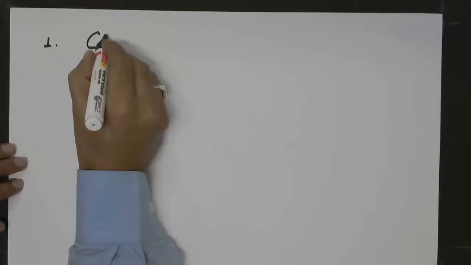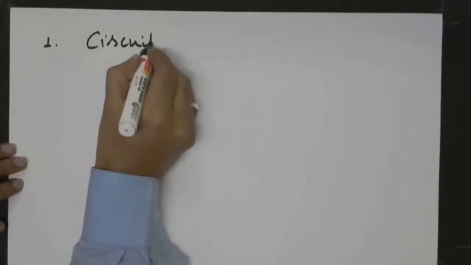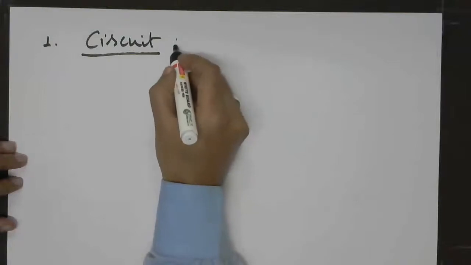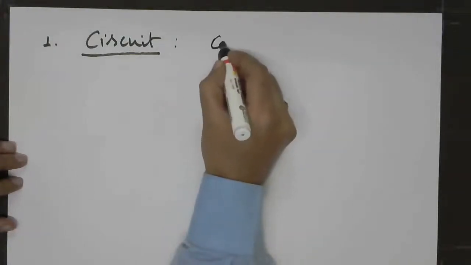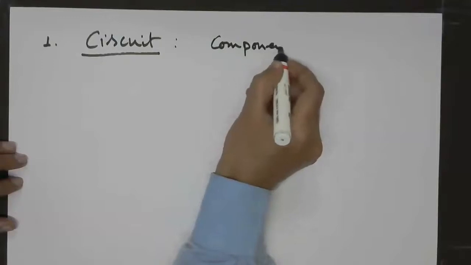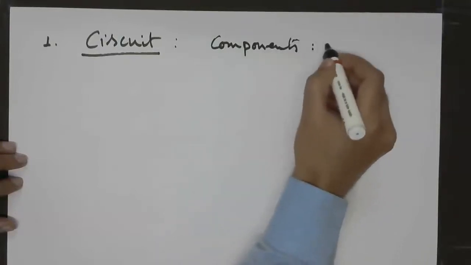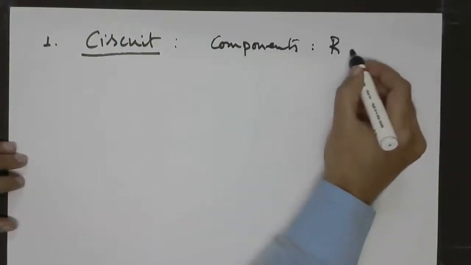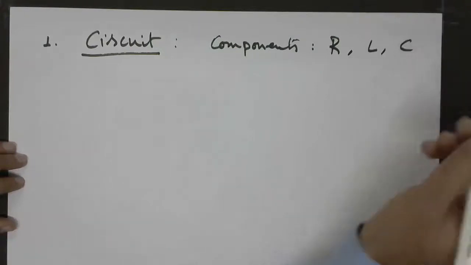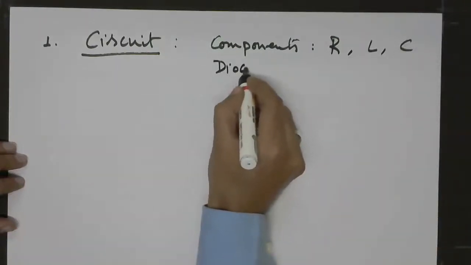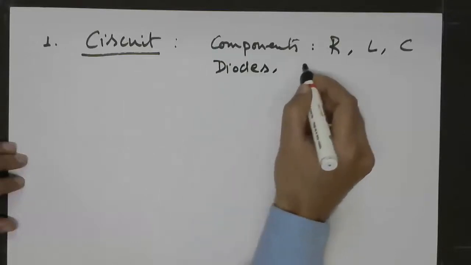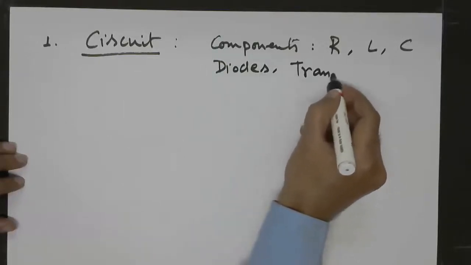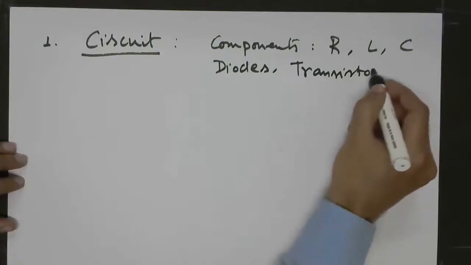So first word is circuit. In electronics, we use components called resistors, inductors, capacitors, diodes, and transistors.